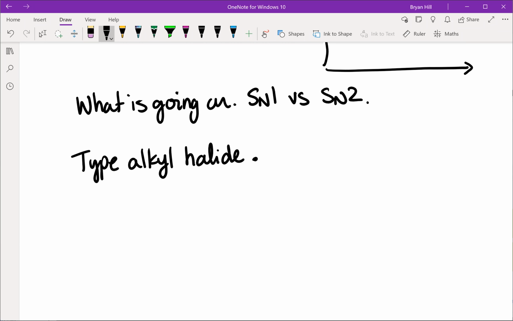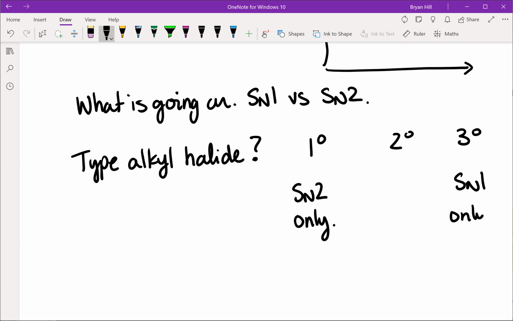The first question is the type of alkyl halide. Is it primary, secondary, or tertiary? Because primary alkyl halides can only do SN2. Tertiary can only do SN1. And why can tertiary only do SN1 and primaries don't?